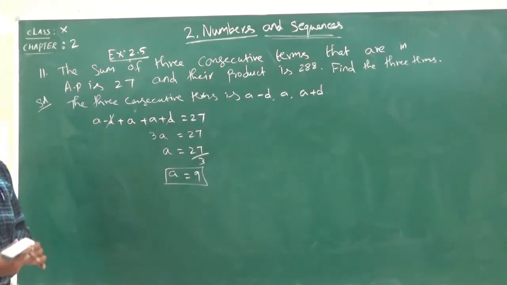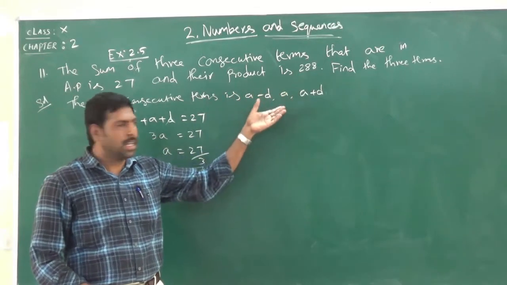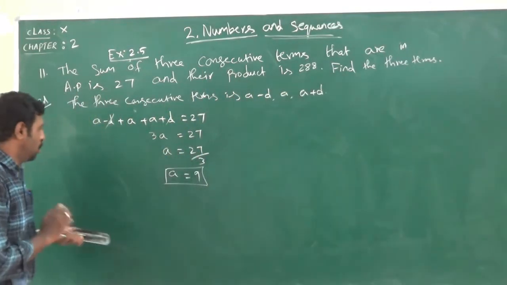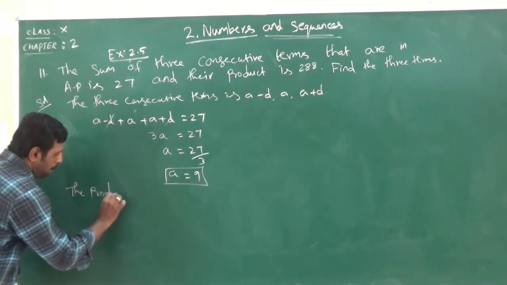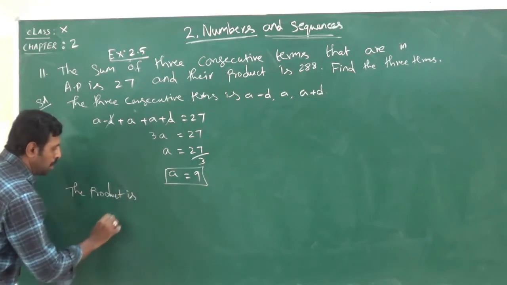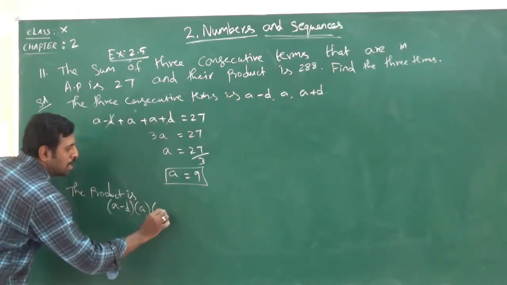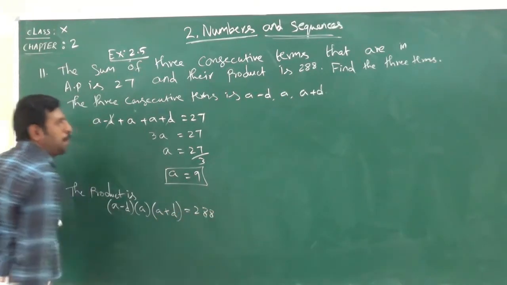Now come to the second condition. Their product is 288. Their product means you have to multiply these terms. We get 288. So the product is a minus d into a into a plus d is equal to 288.